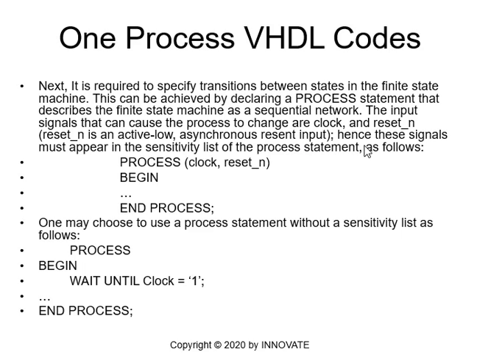Hence, these signals must appear in the sensitivity list of the process statement as follows. So process, clock, reset_n, begin, then we end the process. One may choose a process statement without a sensitivity list as follows. We say process, begin, wait until the clock is 1, then we follow with the description of the machine, then end the process.